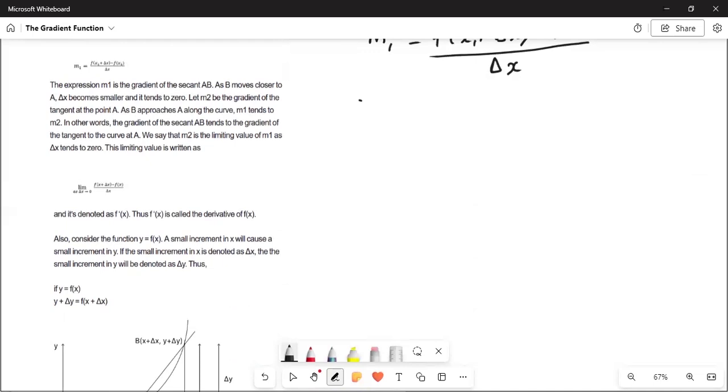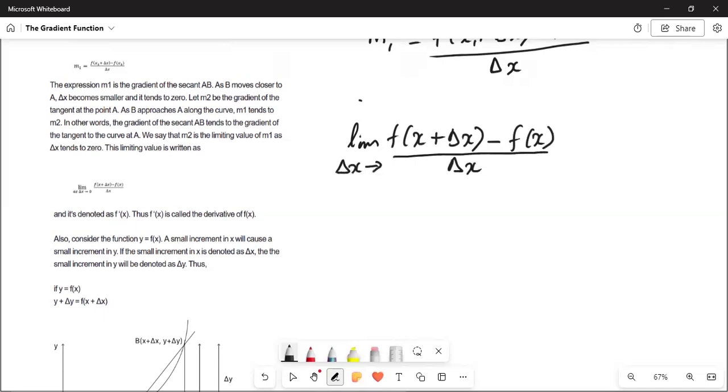This limiting value, we can write it as the limit of f of x plus delta x minus f of x over delta x as delta x approaches 0. Now, this limit of f of x plus delta x minus f of x over delta x is what we call dy/dx.